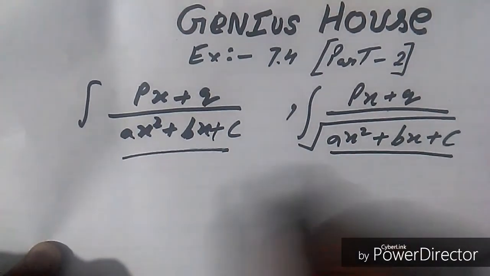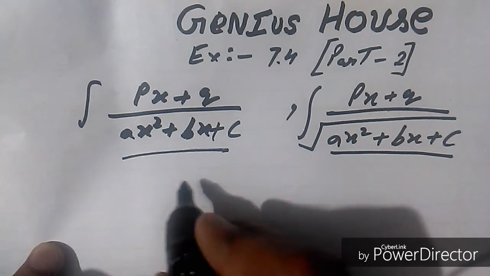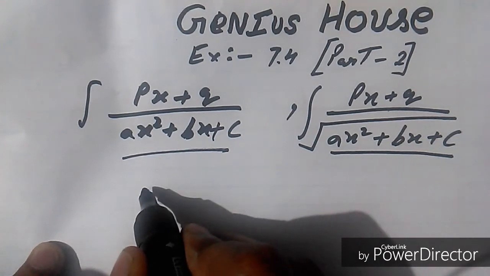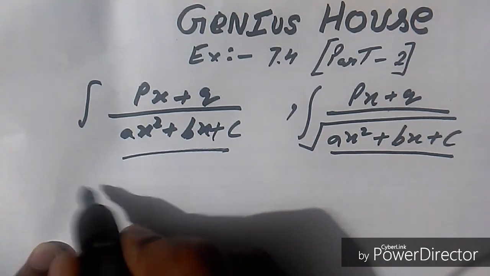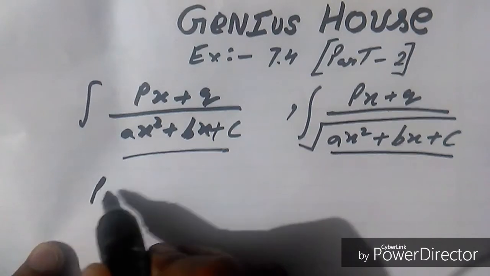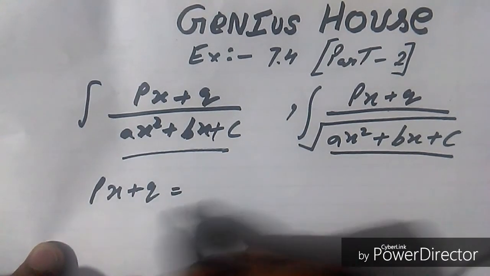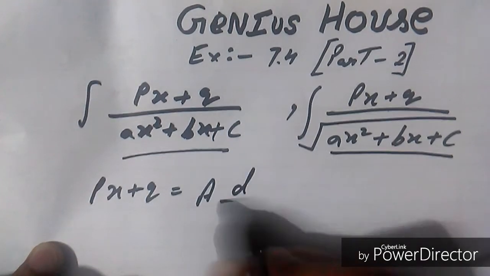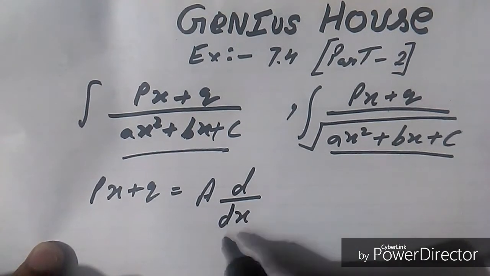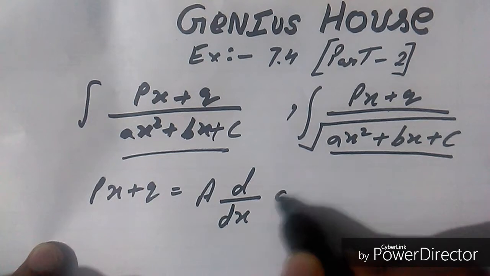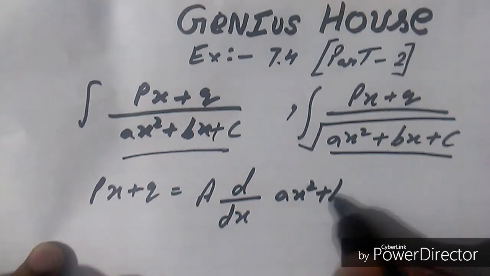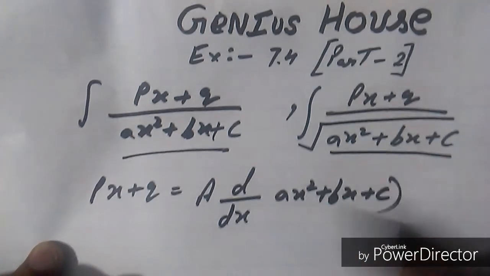Okay friends, that equation we take, and we put it like px plus q is equal to a times dy dx, I am going to say differentiation of ax square plus bx plus c.